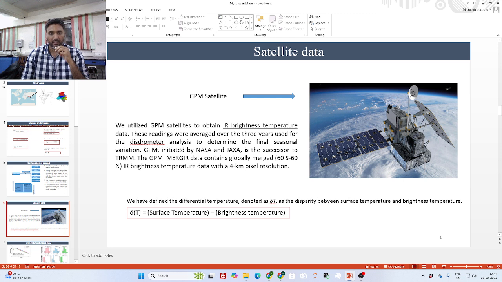So we have taken the distrometric data for 3 years, and we have also taken the IRBT data for those same 3 years. What we have calculated finally is that we have subtracted the brightness temperature obtained from GPM from the surface temperature, and we have defined it as differential temperature. This differential temperature will prove useful later on in the analysis.